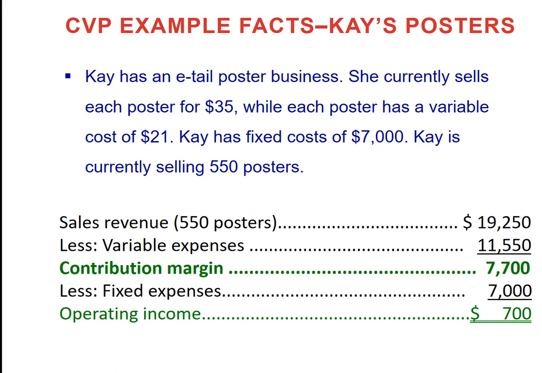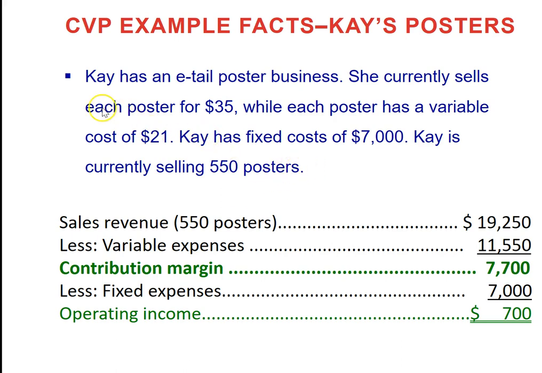Then we subtract our fixed expenses. This is how you get your operating income. So now we will use that contribution margin income statement approach, and we will see how we can use CVP analysis for taking several managerial decisions.